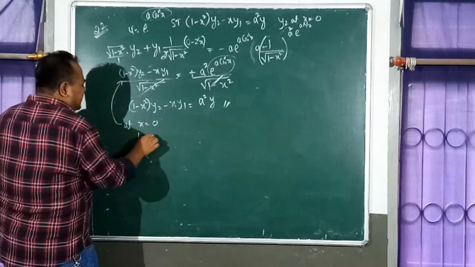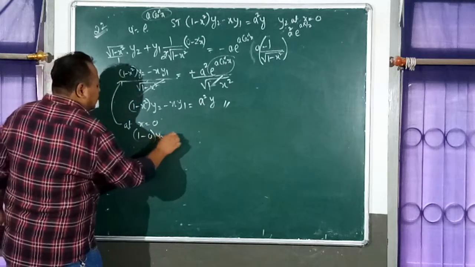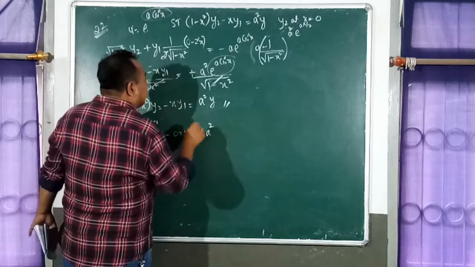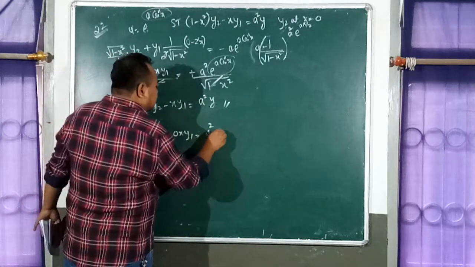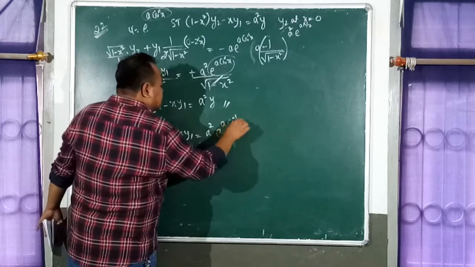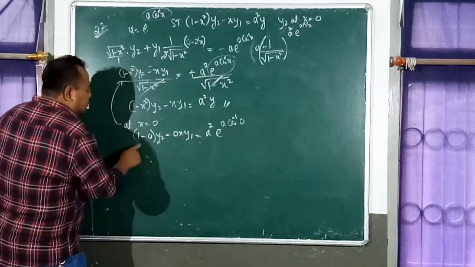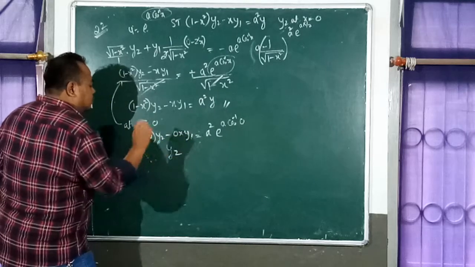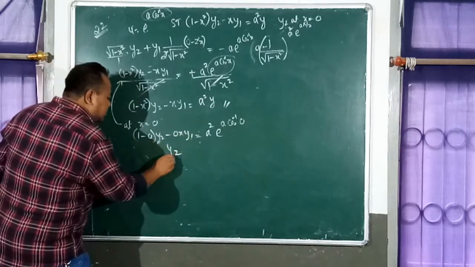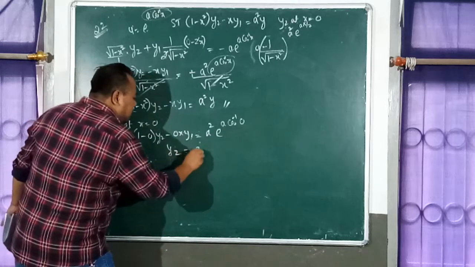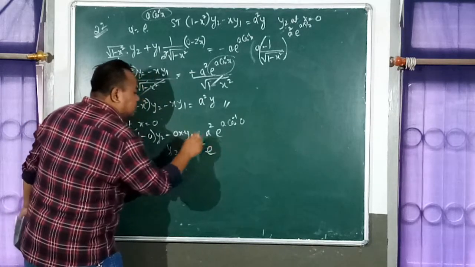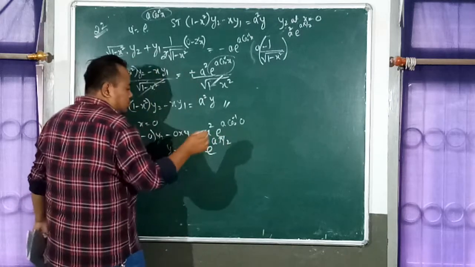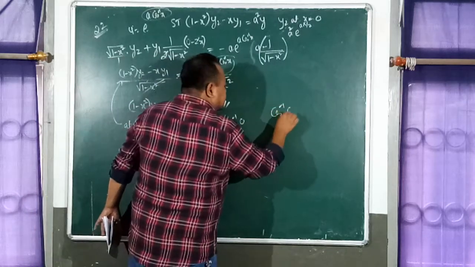So what do you get? 1 minus 0 y2 minus 0 into y1 equal to a square e to the power a cos inverse, the value of x is 0. So 1 minus 0 is 1, 1 into y2 is y2, 0 into y1 is 0, equal to a square e to the power a, and cos inverse 0 is pi by 2. You have learned this in inverse trigonometry.